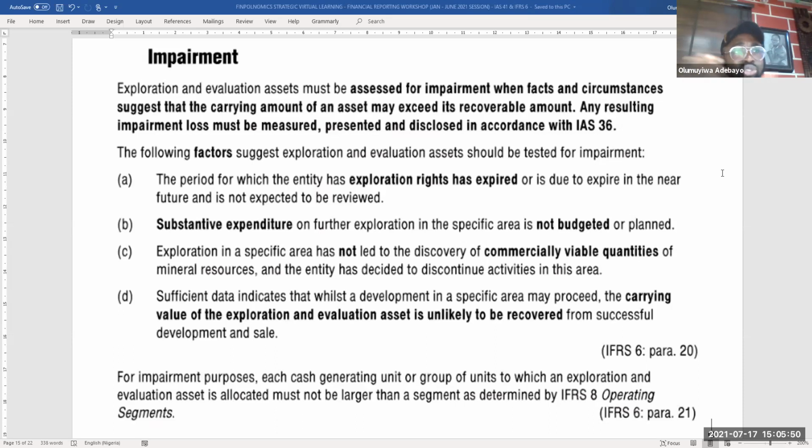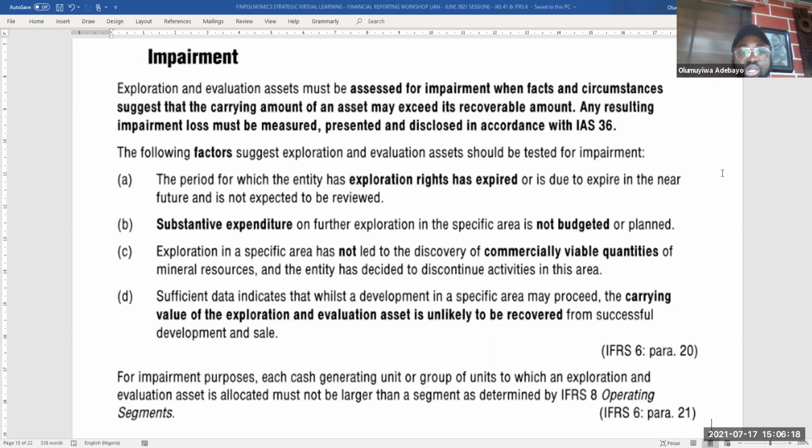And also, as we discussed under IAS 36, some assets are tested for impairment on a cash generating unit basis. The same methodology applies, but you must take note that any cash generating unit should not be larger than what would have qualified as a reportable segment or operating segment under IFRS 8, and that is very key for our understanding.